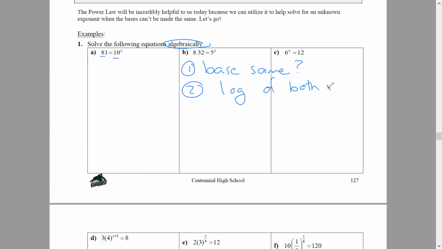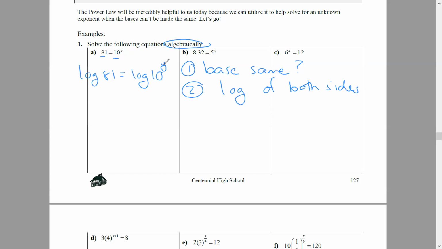Remember when we were little and in elementary school, your teacher always said, what I do to one side, I do to the other. Because remember, we're not changing what this thing's equal to, we're changing how it looks. Okay, so I take the log of both sides.